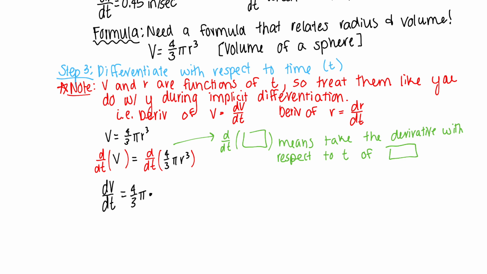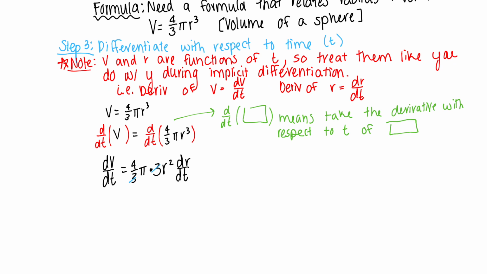Then the derivative of r cubed would be 3r squared, and then a dr dt, because we're using chain rule here. And we can simplify that a little bit because these 3's would cancel. And we get dv dt equals 4 pi r squared dr dt.